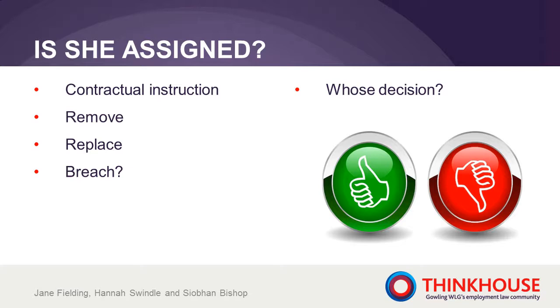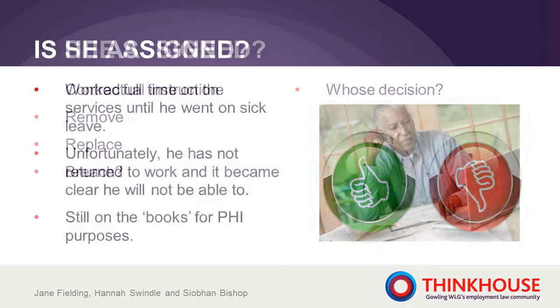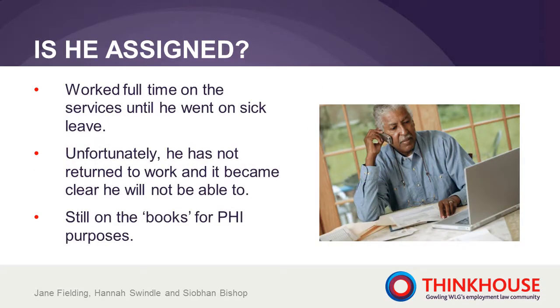So his managers have taken the view that he's never going to be able to come back to work. They've not dismissed him because they didn't want to breach his contractual right to receive the PHI. So they've effectively kept him on the books purely so he can continue to draw on the PHI policy, but they've taken the decision internally that he's never going to be able to come back to work.